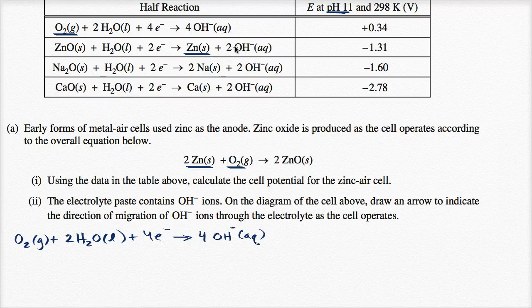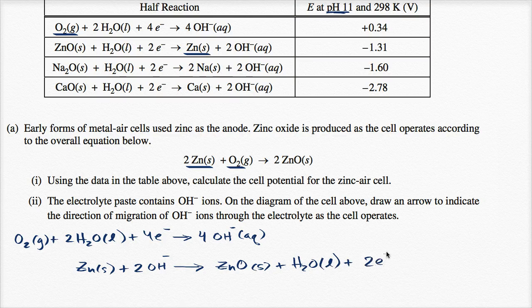And then this one, we said we're going to go in the other direction. So you're going to have zinc in the solid state plus 2 hydroxide anions, and then that's going to yield zinc oxide in the solid state plus liquid water plus 2 electrons.